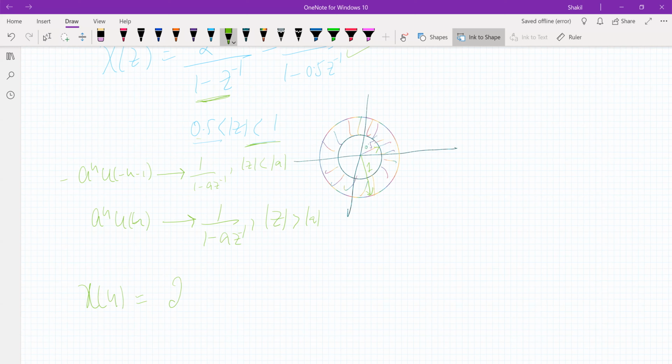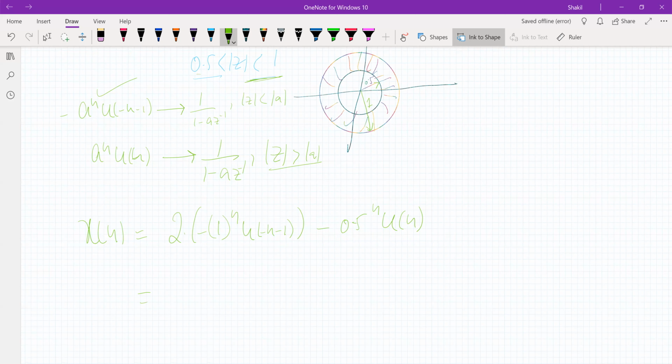This will be 2, and since this one satisfies the less than 1 definition, you can substitute the value: minus 1 raised to n u of minus n minus 1. And the second part satisfies this definition, so this is 0.5 raised to n u of n. So if we substitute the values, this is twice 1 raised to n minus 0.5 raised to n.